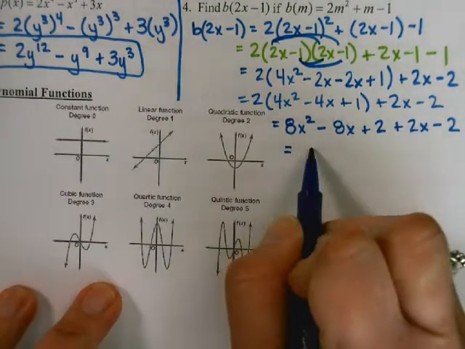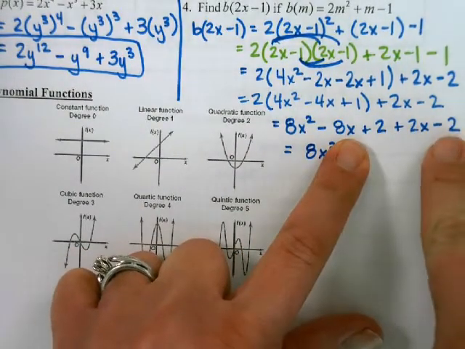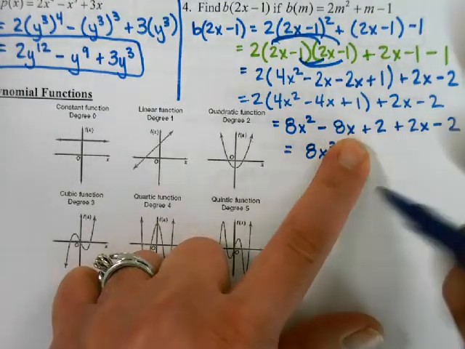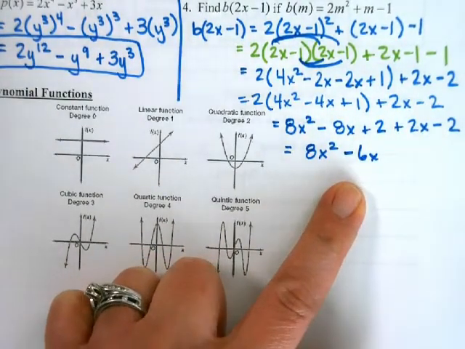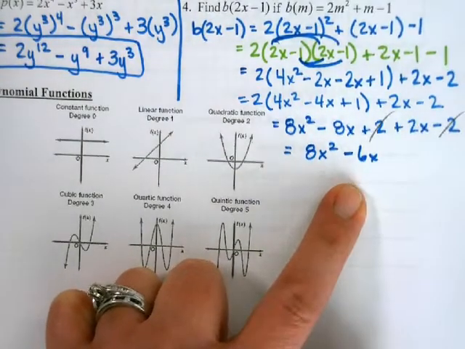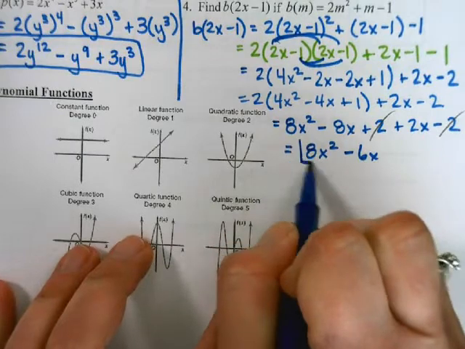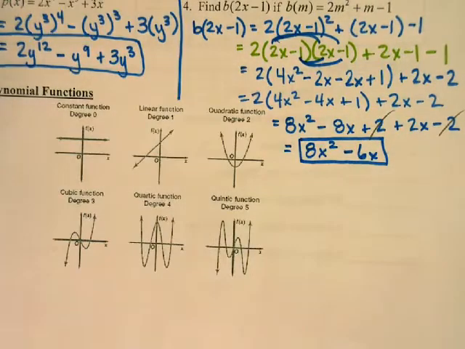So I get 8x squared, and then I have a minus 8x and a positive 2x, so I'm going to get minus 6x. And then I have a positive 2 and a negative 2, so they cancel. So all of that to get 8x squared minus 6x. You can leave it just like that. You don't have to FOIL or factor anything out.